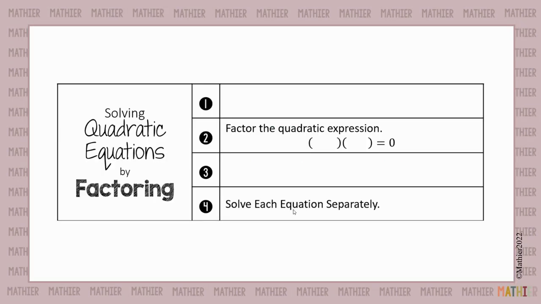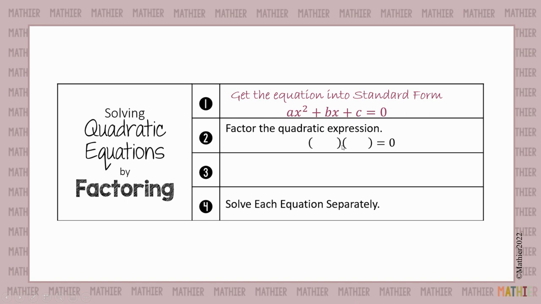Solve quadratic equations by factoring. First, you need to have your equation in standard form. So standard form has your x squared term plus your x term plus your constant all on the left, and then it's set equal to 0 on the right-hand side. So once it's equal to 0, then you take your expression on the left and you factor that. So that's breaking it down into the linear factors.